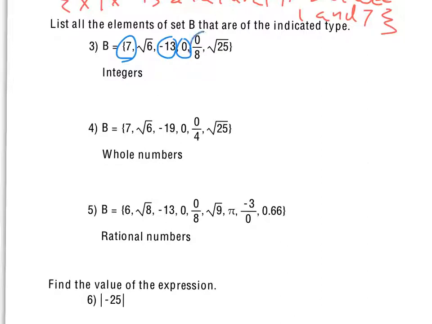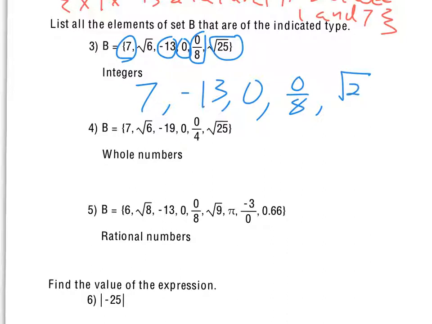Now 0 over 8 is an integer because that's still 0, and so is the square root of 25. So if I were to list those out, it'd be 7, -13, 0, and we do write 0 over 8. You know, it seems funny, but we do. And then we should write it as the square root of 25. However, if you write it as 5, it's not like I would mark it wrong. But one key there is we do have both of those.